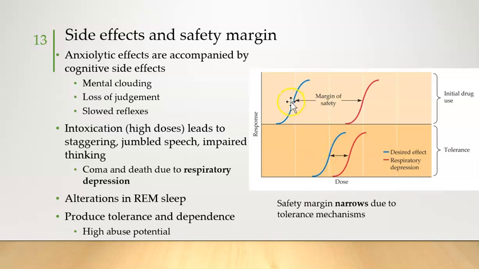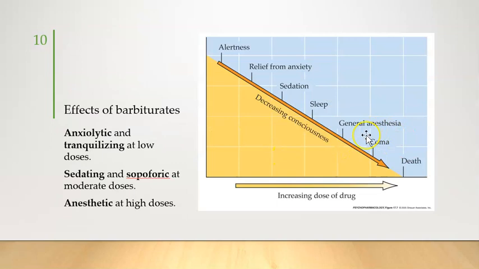So at the initial drug use, your safety margin is quite wide, but as you develop a tolerance, the safety margin narrows, because this is the lethal dose, the amount of dose that will lead to our negative effects. So if we go up here, where it goes to coma or death, these are really the negative things.